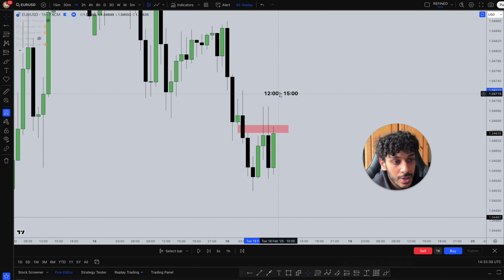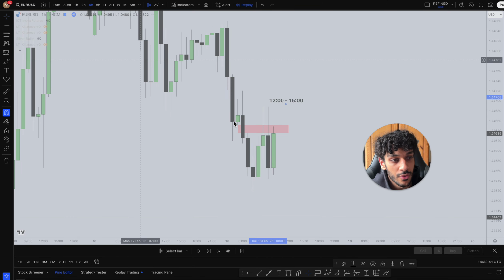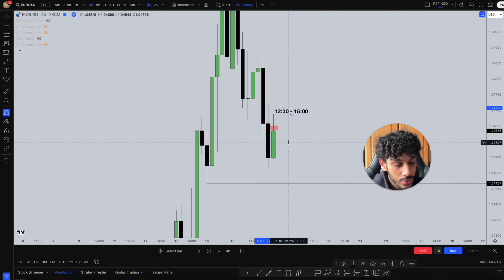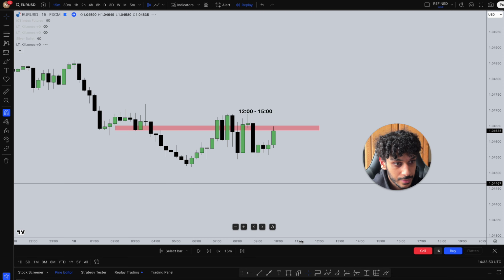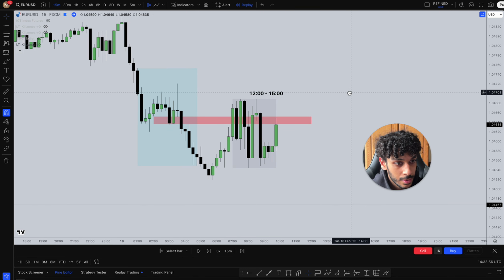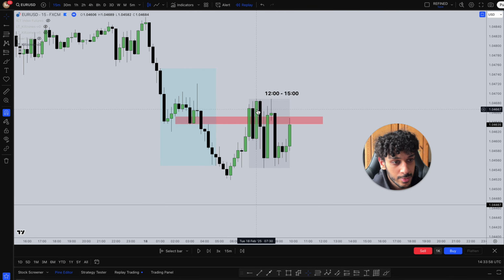But pretty much what I'm trying to get at is I'm looking for the next 4-hour candle to be bearish because my bias is down, and I'm looking for price to get into this level here. I also know, if we just go to the cycle as well, this one isn't the cleanest, but London has attempted to give a run lower.